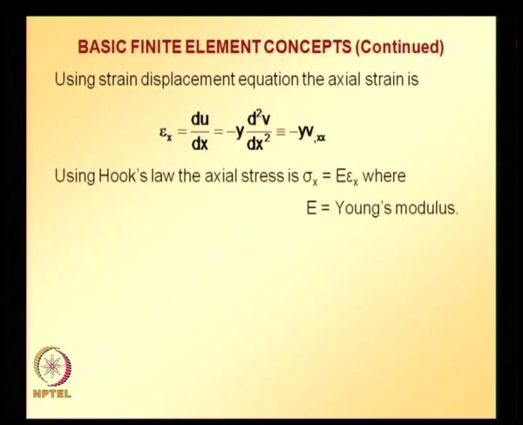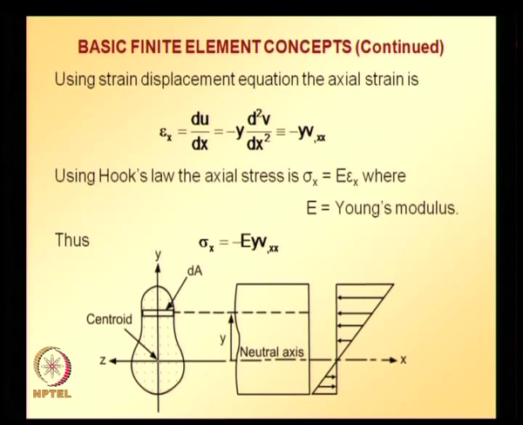Using Hooke's law, axial stress is given by Young's modulus E times epsilon. So, axial stress is given by this, and if you plot the variation of stress over a cross section, it looks like this. This equation shows a linear variation of stress over the beam section.